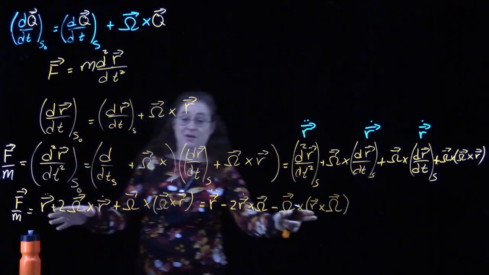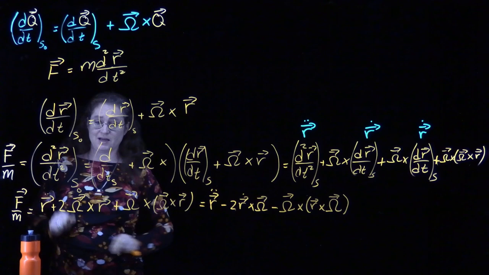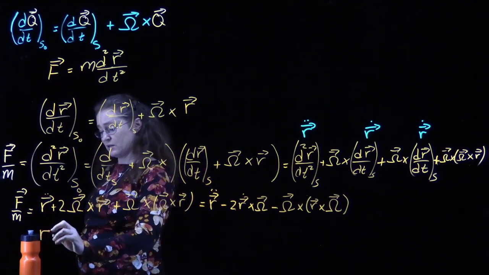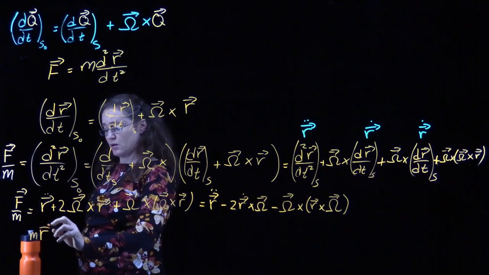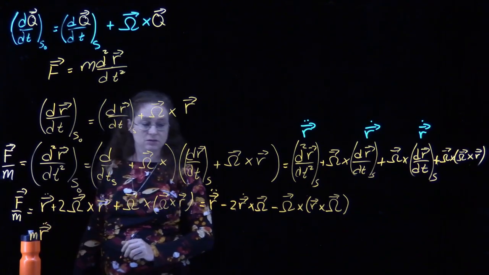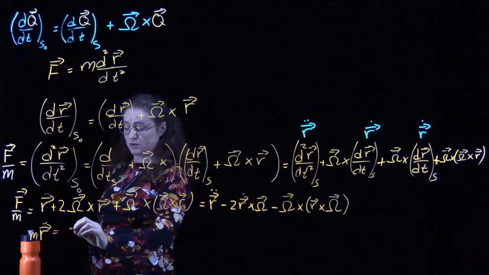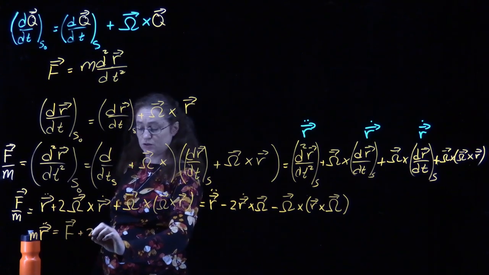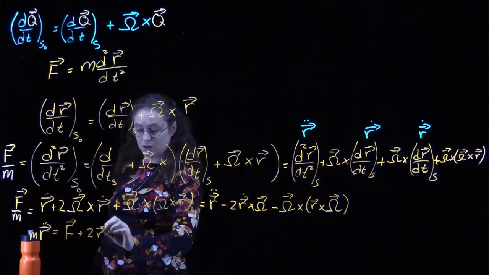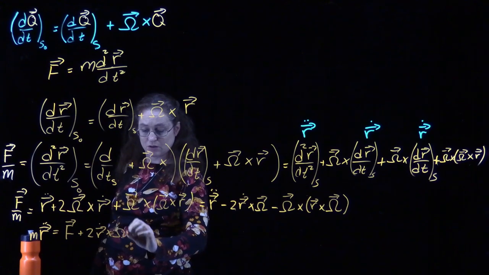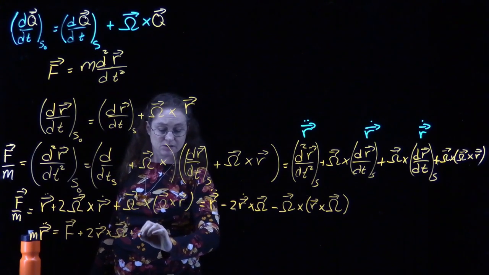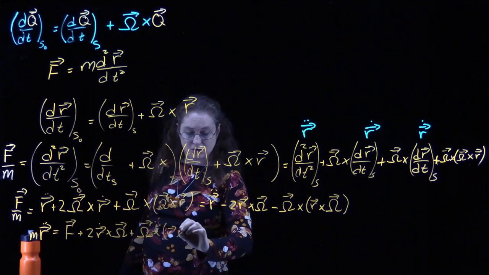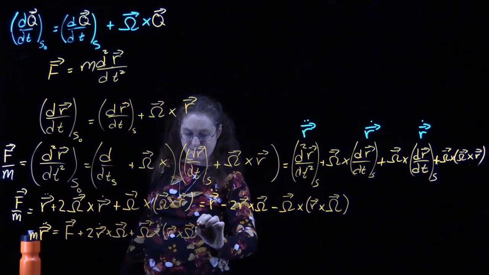And I'm going to move all of this onto that side and multiply through by m. So I get m r double dot equals the force plus 2 r dot cross omega plus omega cross r cross omega.